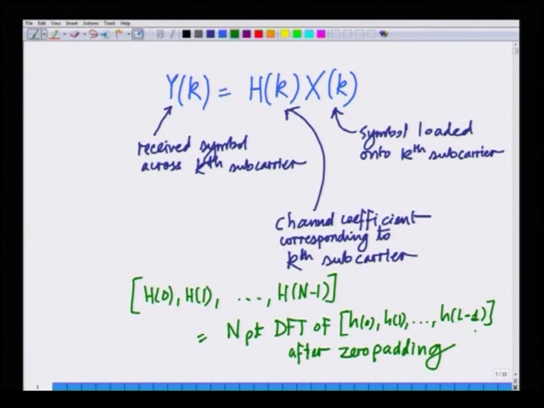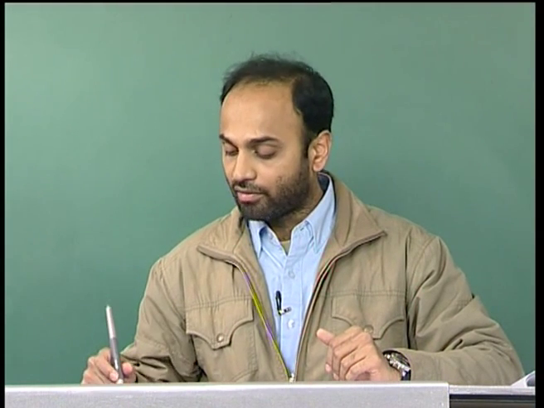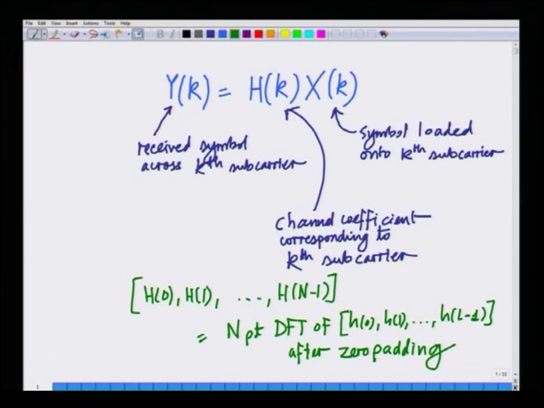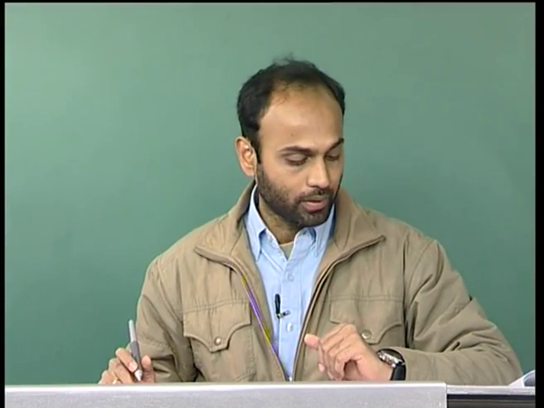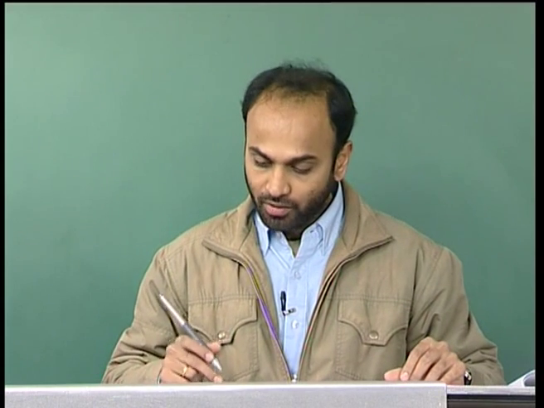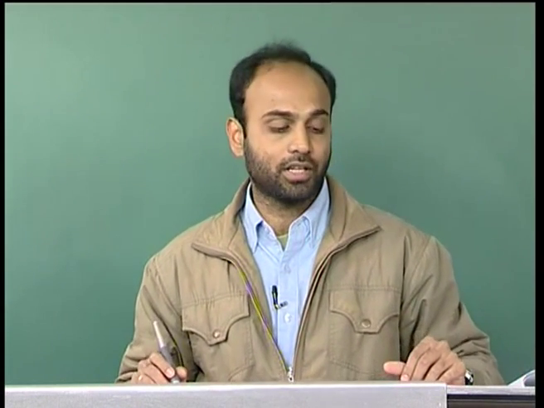So the capital H's, which are the channel coefficients across each subcarrier, are nothing but the N-point DFT of h0, h1 up to h(L-1), that is the channel FIR filter after zero padding. So what we have now is Y[k] equals H[k] times X[k].